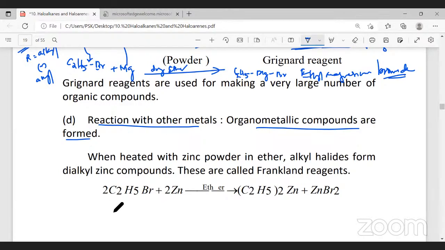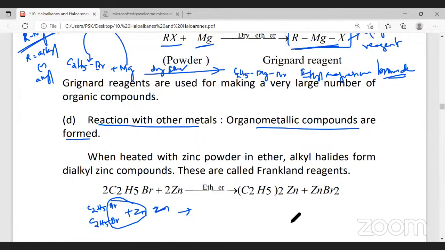Now, you can see here, C2H5Br. When it's allowed to react with 2 moles of zinc, I'll write it like this for our understanding. So what happens? Zinc bromide, ZnBr, gets eliminated. The other zinc atom gets bonded, so you get C2H5, Zn, and C2H5.